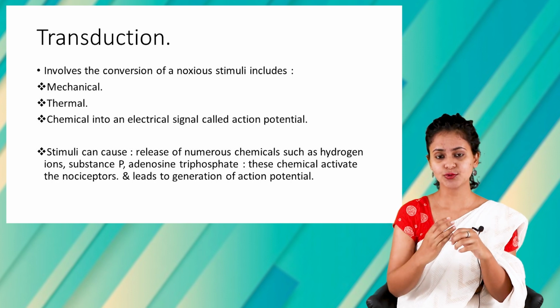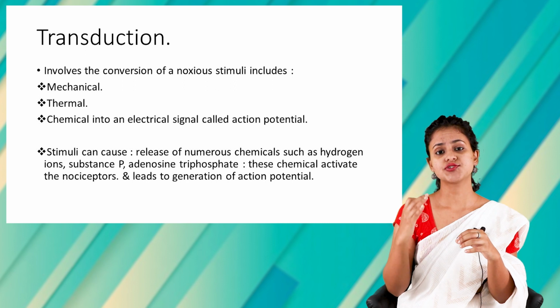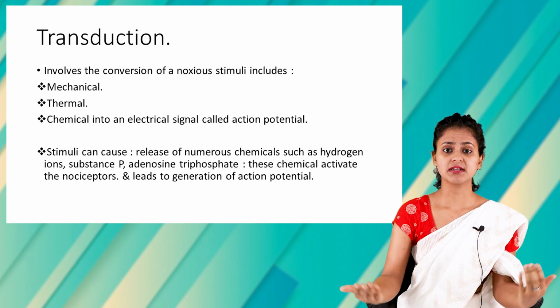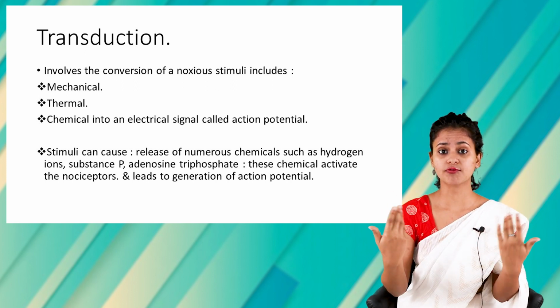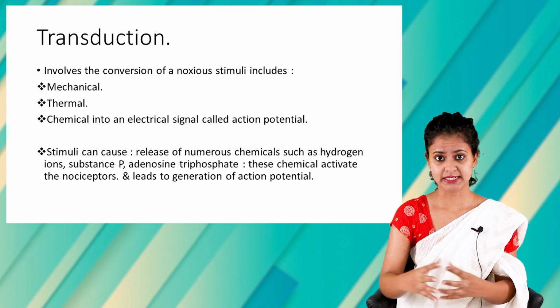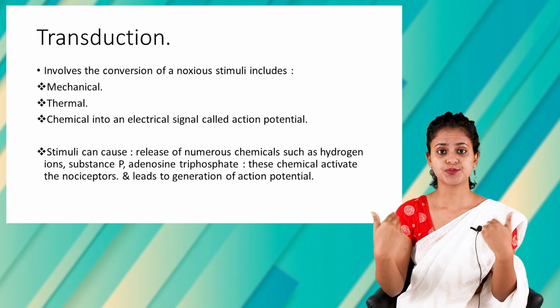These can include hydrogen ion, substance P, even adenosine triphosphate. All these chemicals, produced because of the noxious stimuli in our body, will ultimately help generate the action potentials.